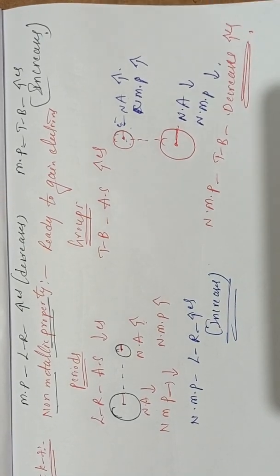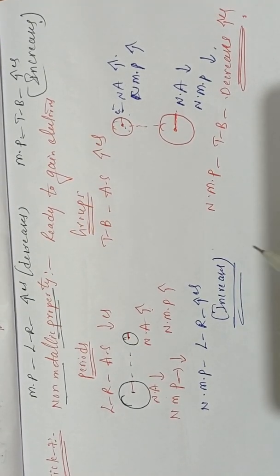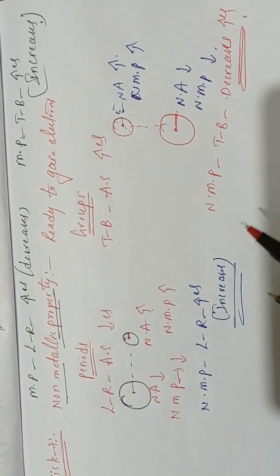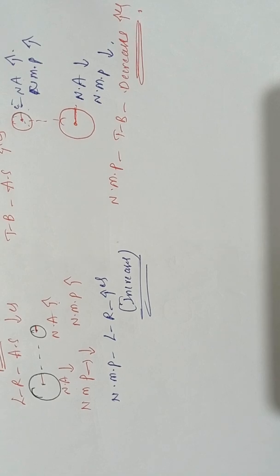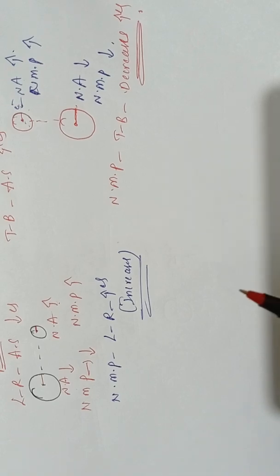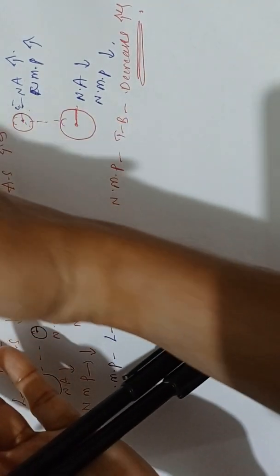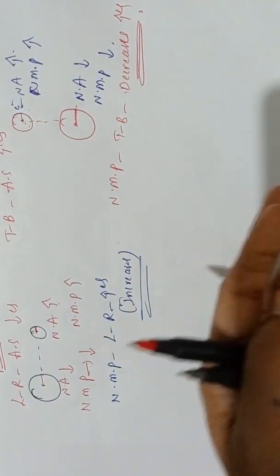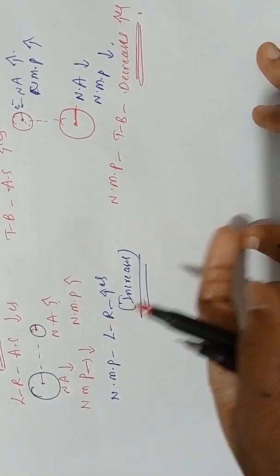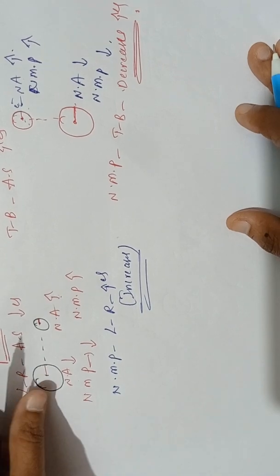So these are the 7 tricks, all the properties we discussed, students. Finally, just to remember all the 7 properties, I will tell you in one table, then you can easily remember. If you are unable to follow all the tricks, at least practice this table, then you can easily answer any type of bit.